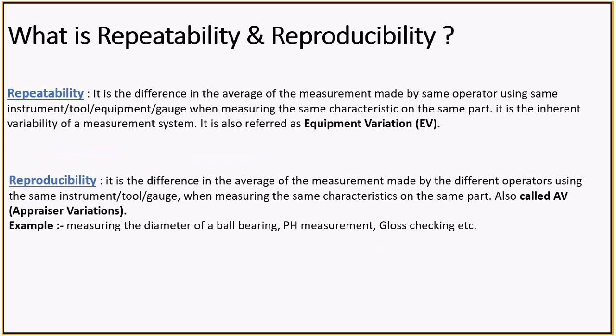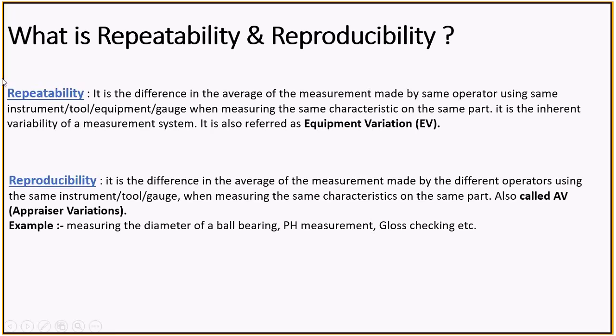That is called repeatability, and if I'm getting similar results, my repeatability is good and I don't have errors. But if my measurements show variation, then I will have repeatability issues. That is also called equipment variation, because if I am measuring the same part again and again with the same tool and getting errors, there are strong chances that we will have equipment variation.